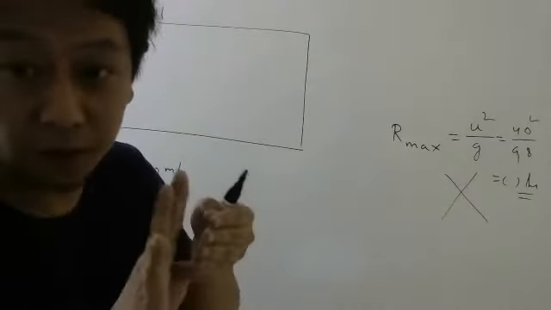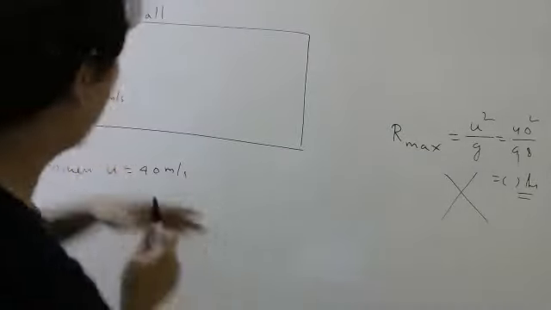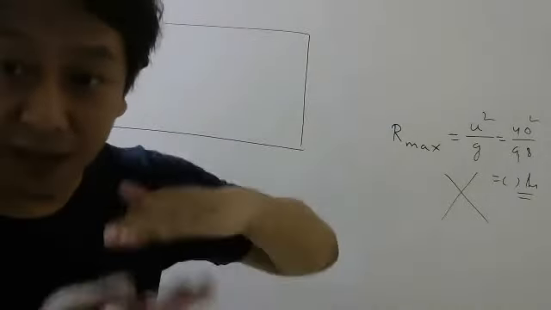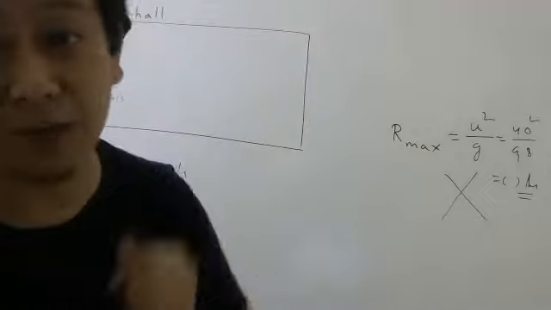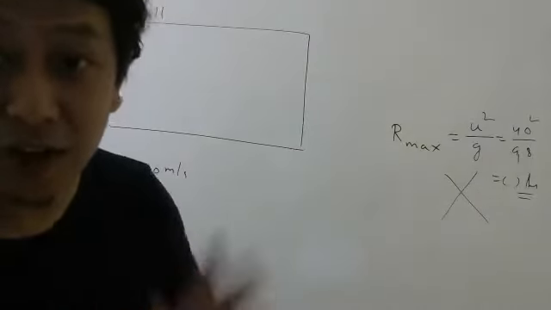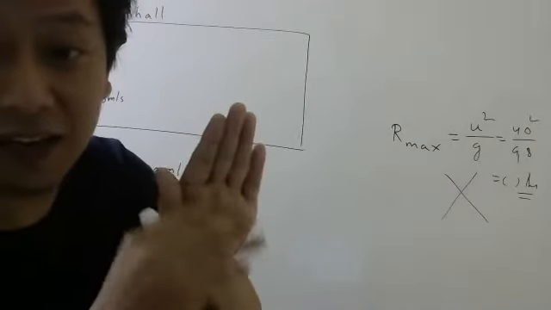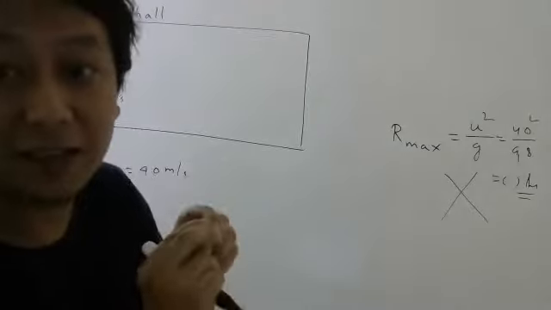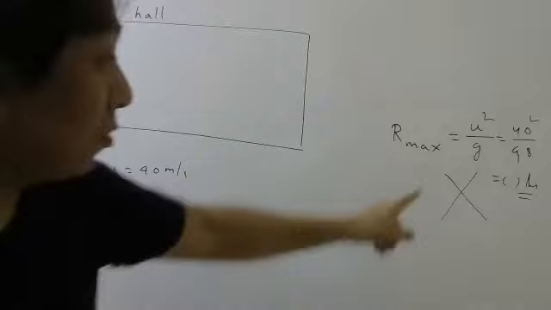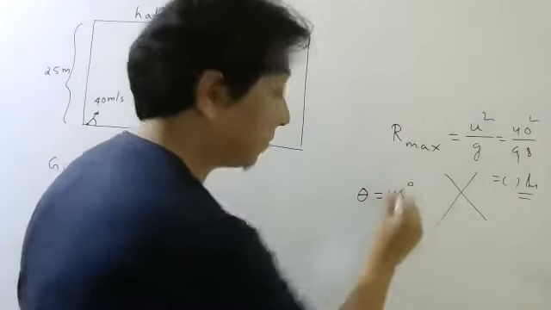Who knows, at 45 degree the maximum height may come more than 25 meter. If the maximum height comes more than 25 meter, it will hit the ceiling or not? Understood or not? So directly we should not do this way. We have to first find the angle so that it can reach up to the ceiling. Understood? Otherwise, if you use this directly, then you are assuming angle is 45 degree.